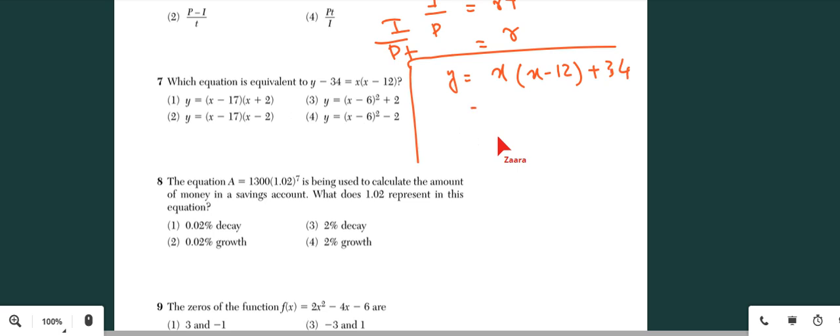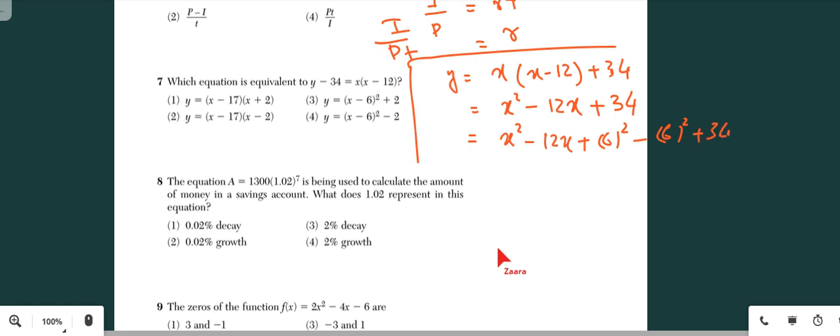Then by distributing x over the parentheses, I will get x squared minus 12x plus 34. Now I will use the completing the square method, so x squared minus 12x. Dividing 12 by 2, I will get 6, so I have to add 6 squared and subtract 6 squared, plus 34.